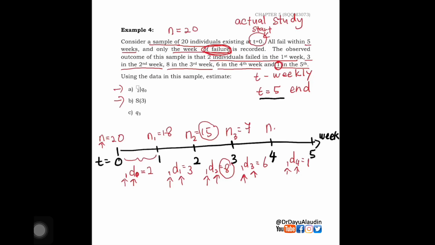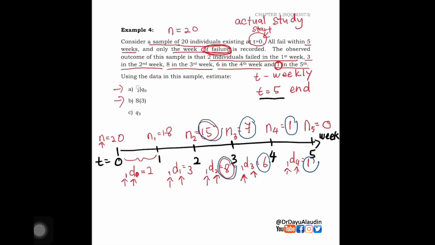And n4, 7 minus 6 equal to 1. And n5, 1 minus 1 equal to 0. So all individuals fail at t equal to 5.